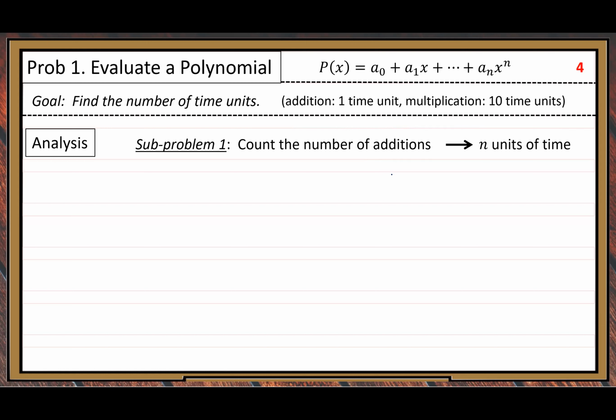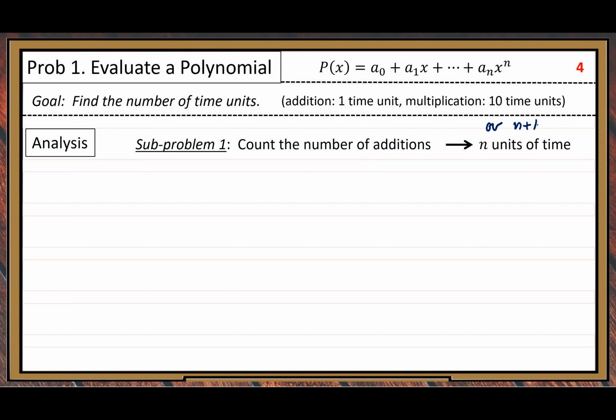Can you see n units of time? N units or n plus 1. Here, 2 possible answers. N units of time or n plus 1 units of time. Can you see that?